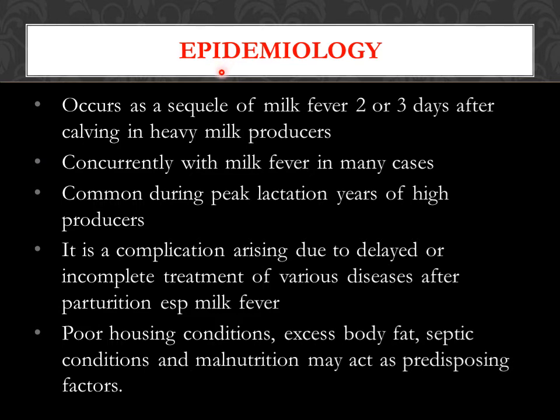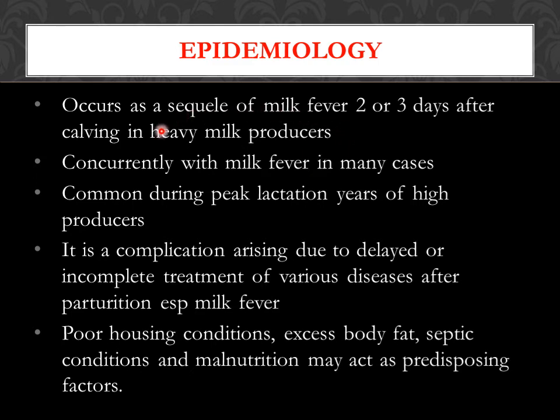Here we will see epidemiological factors of DCS. We have already seen that the most common etiology is sequelae of milk fever. Milk fever generally occurs 2 or 3 days after calving, especially in heavy milk producers.